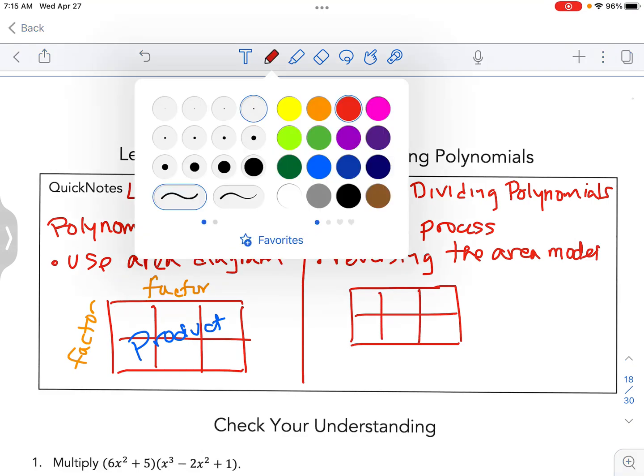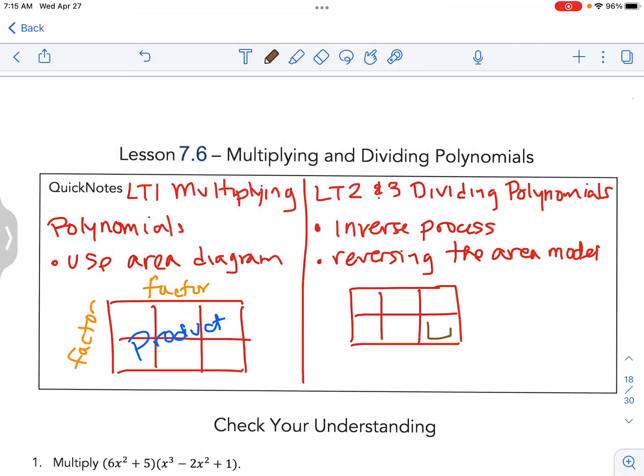We talk about whether or not this constant term, or this, I'll call it the last term. I guess it doesn't necessarily have to be a constant. This constant term matches the product.